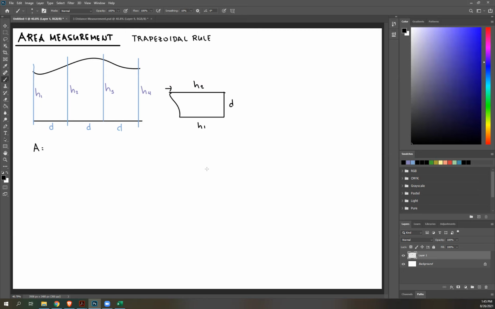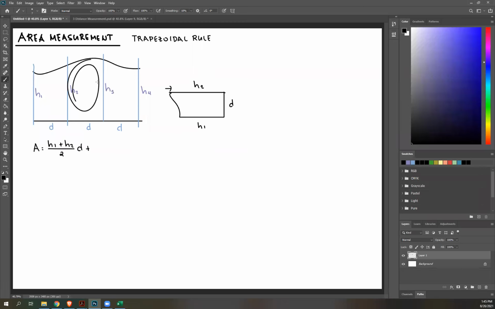So the area of a trapezoid again is base 1 plus base 2, so that's H1 plus H2, over 2 times height. In this case, our height is just D. Let's do the same thing for all of the areas.